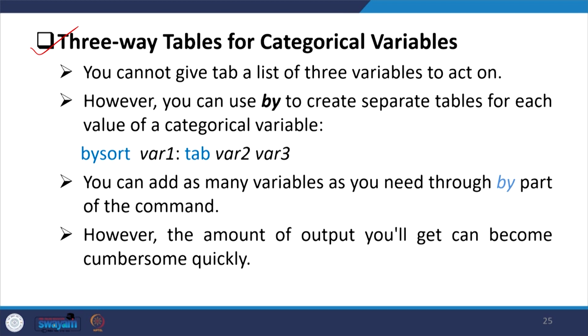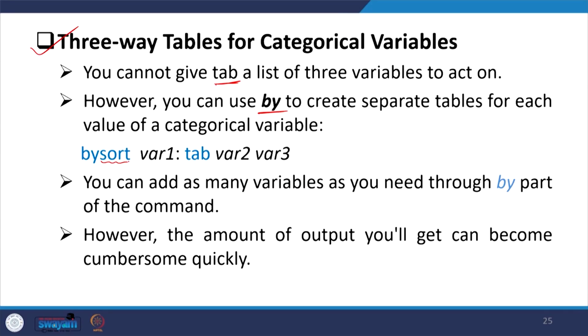You cannot give tab and a list of all three variables to get the result; that is going to throw an error. However, you can apply the by command, the bysort command, because it will sort the first variable. Suppose this is your sector, this is your gender, and this is your education.